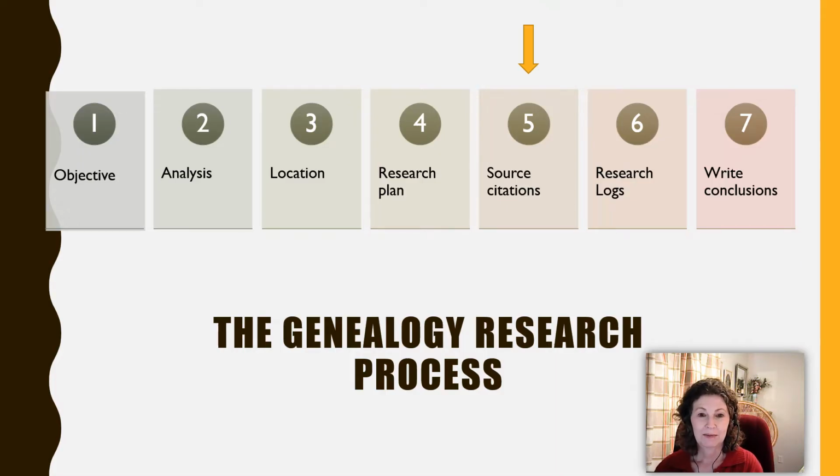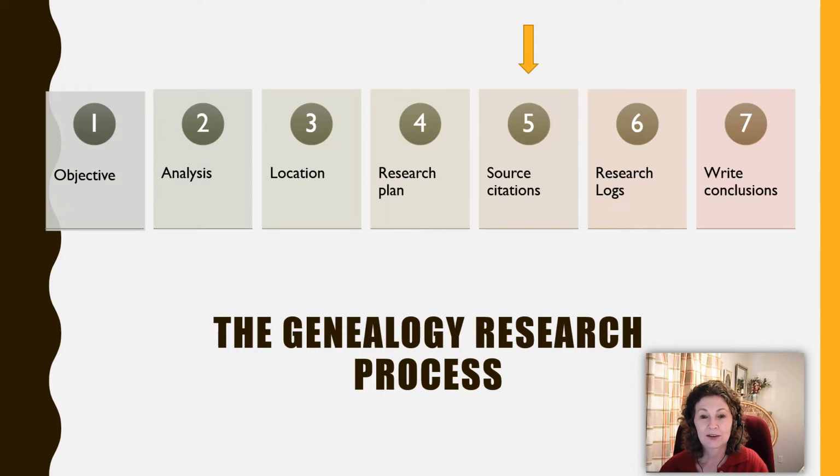As I mentioned in Part 1 of this series, source citation falls in the genealogy research process as a critical part. We have created an objective for our research project, analyzed our sources, learned about the location, created a research plan, and we're finally at the research stage with our research log open, looking at our sources.